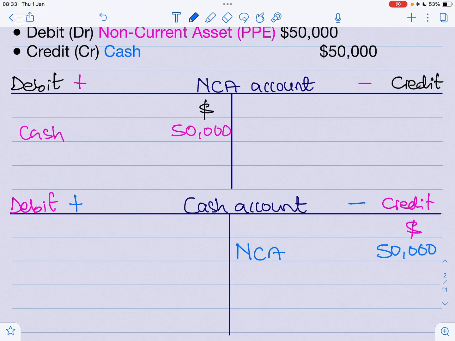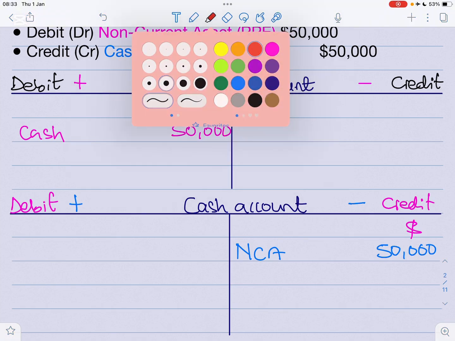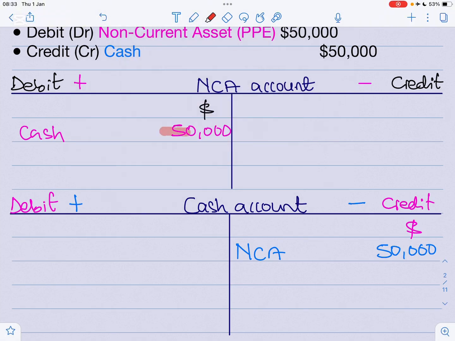If you look at it, this is it: an addition to the non-current asset account, and then a reduction in the value of our cash. Cash went out to the tune of $50,000, and an item of non-current assets came in. Okay, so there you have it.